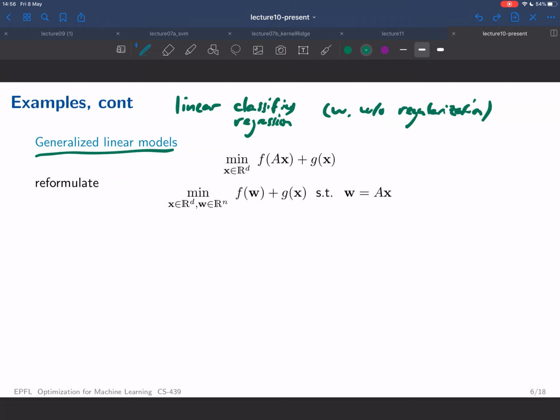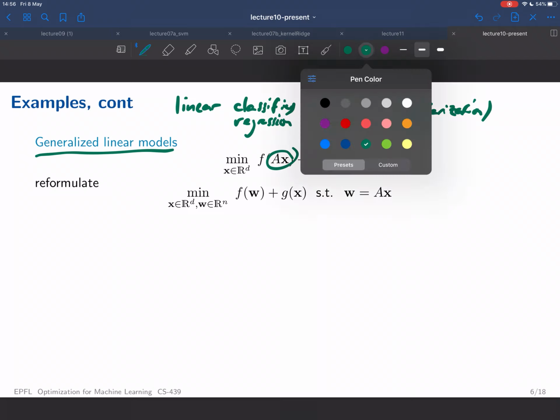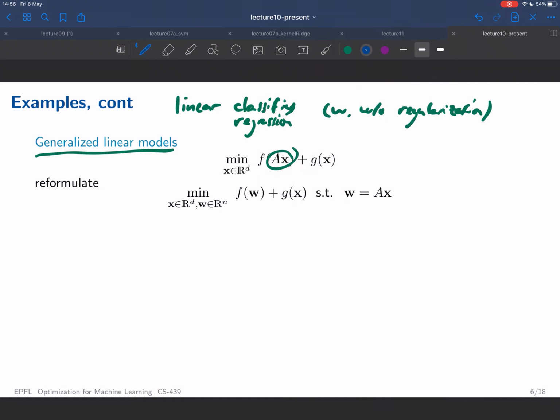Here you always take a linear combination of the columns of your data. So if your columns are features, then you take a linear combination of these features. Once we understand what the dual is, we will see that in the dual we will get the A transpose matrix, and we will get combinations of columns of that. So then we have combinations of data points, and this is quite useful. We're going to see how this is related.